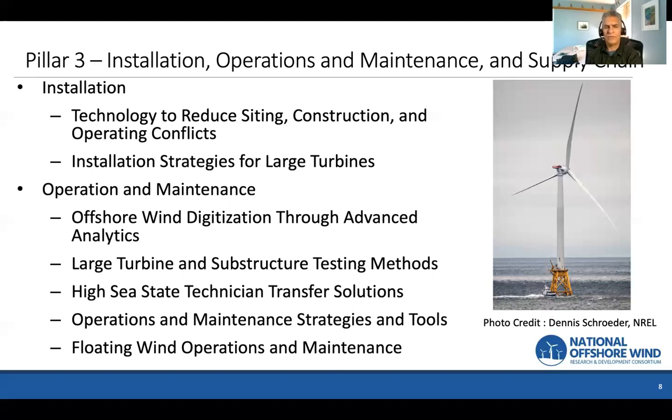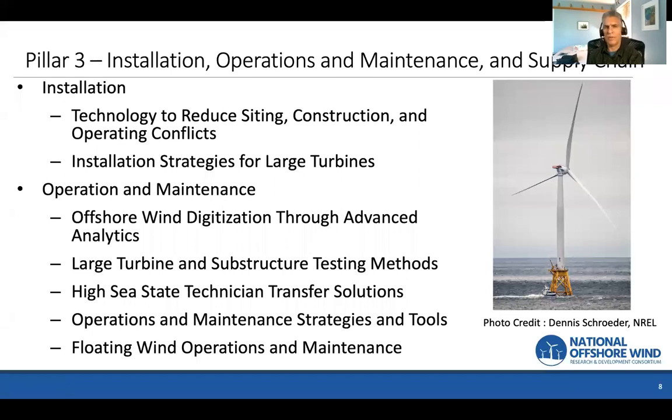Operation, maintenance, and strategy tools really relates to the innovations and the operations strategies that would minimize the labor at sea and maximize the cost effectiveness of the operation and maintenance systems.